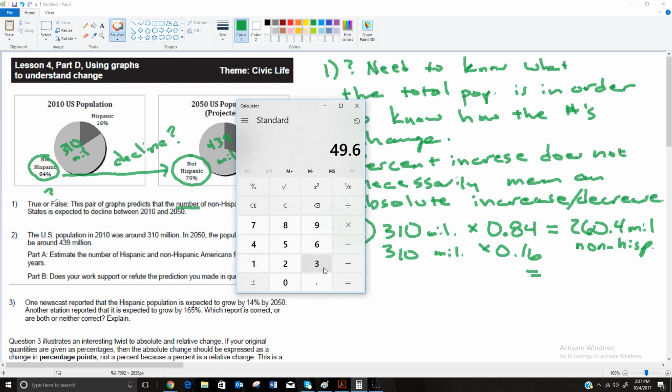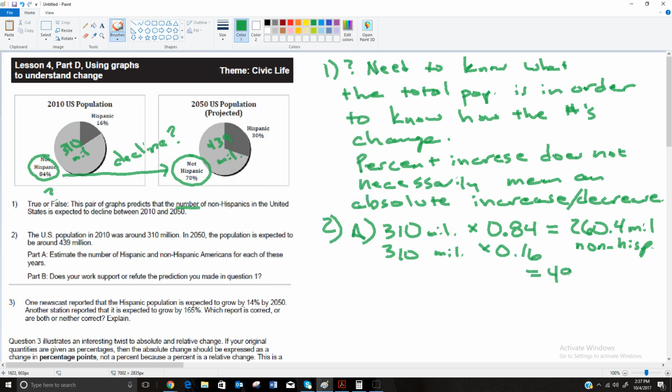Again, if I had done 310 minus the non-Hispanic population, that would have given us the remaining part of the population that was Hispanic, again 49.6. So either way is completely appropriate. And I could have started with the Hispanic population and then either subtracted or multiplied to get the non-Hispanic population. So this is 49.6 million that are Hispanic.